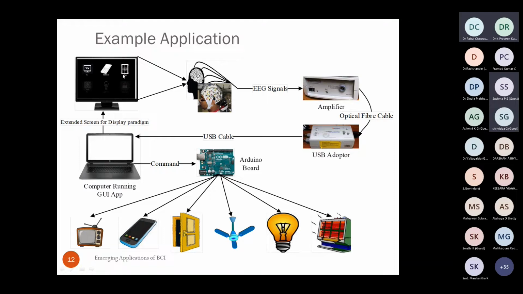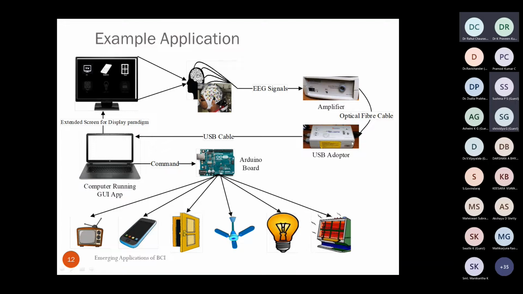Based on his response, we can detect whether he wants to operate a TV, a mobile, or a door. Those EEG responses come to our amplifier. The amplifier amplifies those signals, and then through an optical fiber cable it sends them to a USB adapter.